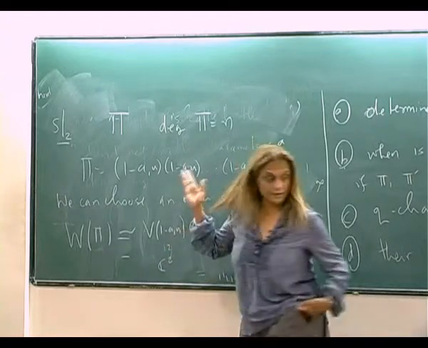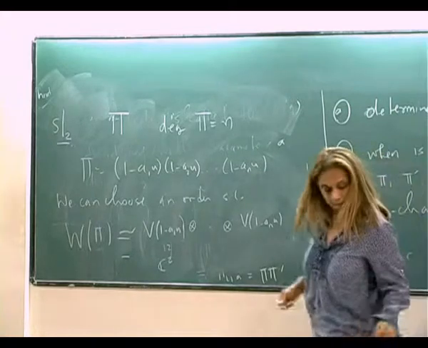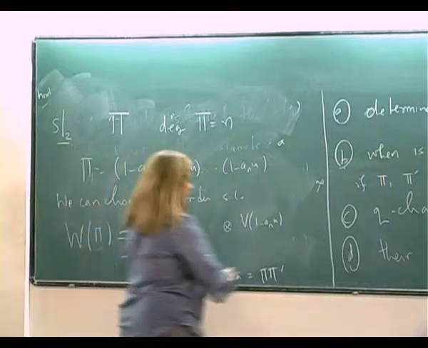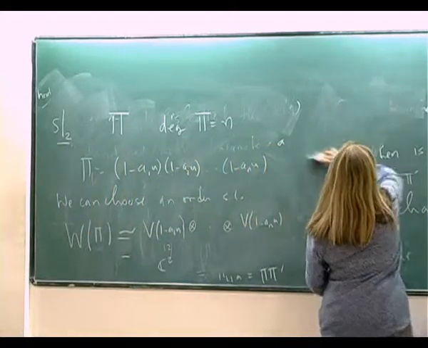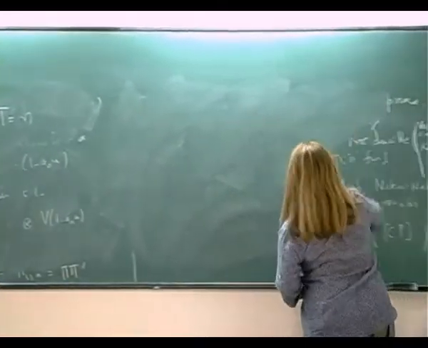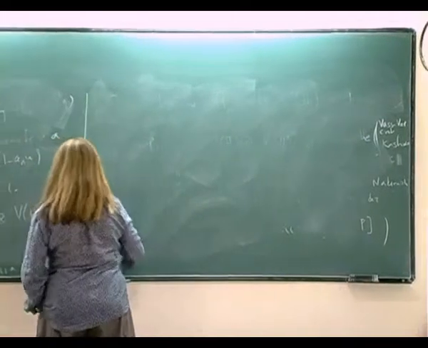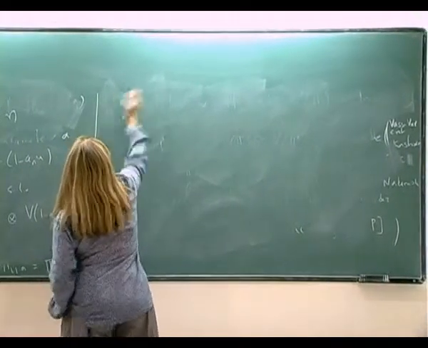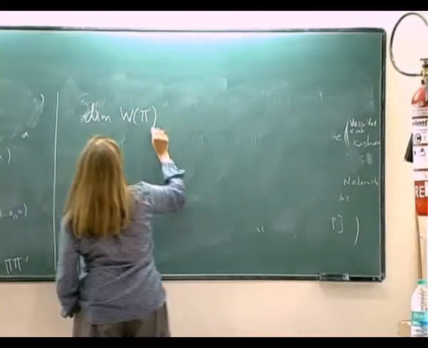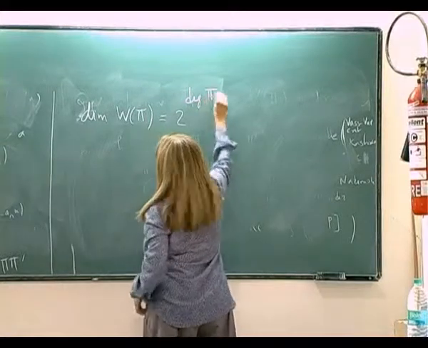Now if I took pi to be that very special polynomial that I had last time, where the roots differed by a string, what is the dimension of that? That was n plus 1. So the dimension of W pi is always equal to 2 to the degree of pi for SL2. I'm still in SL2.